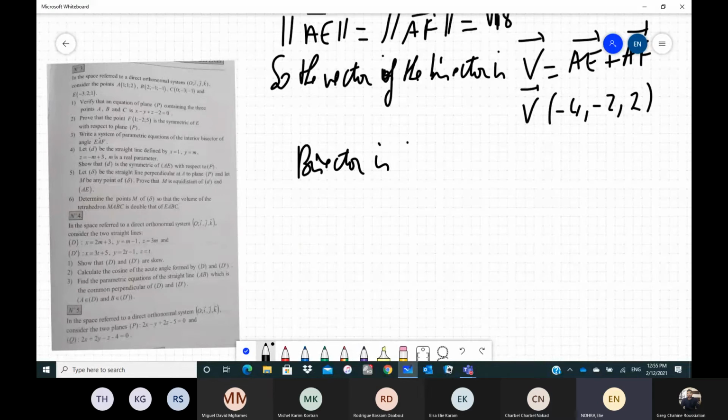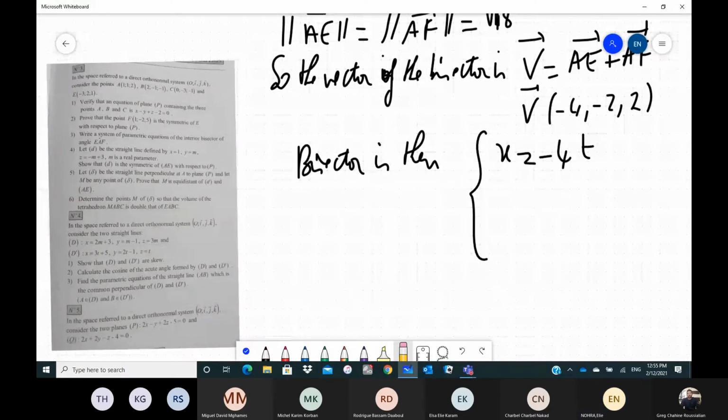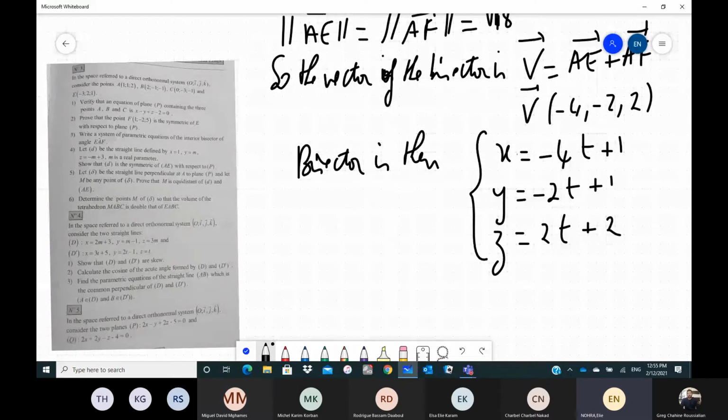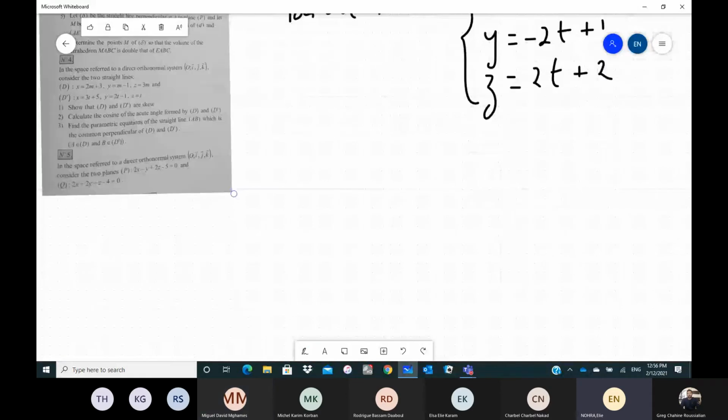Bisector is then x equals minus 4t, y equals minus 2t, z equals 2t. We add the coordinates of which point? A. برافو عليك لأنه ال A هو ال intersection of the two lines. Okay. فهمنا كلنا؟ Yes, sir. روعة.